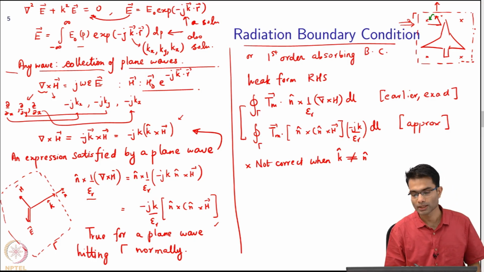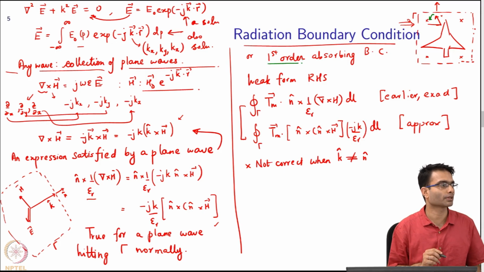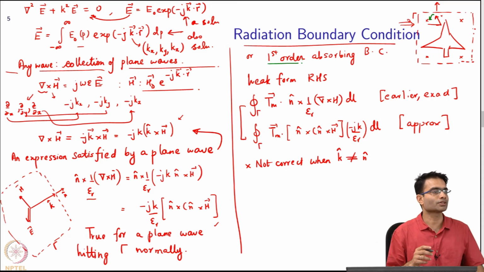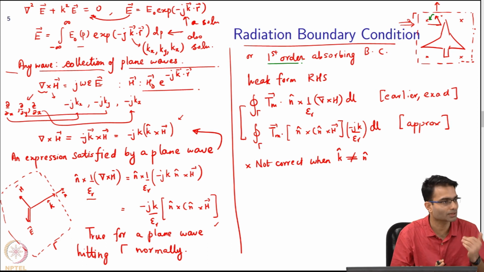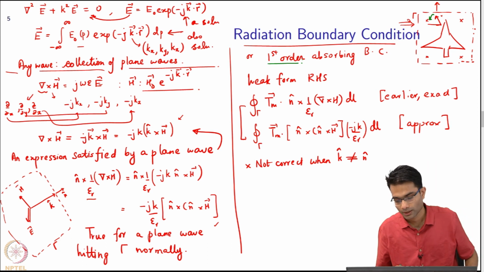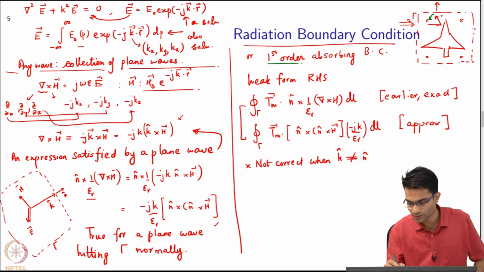So that's why I have called it a first order absorbing boundary condition. It's called absorbing boundary condition because it appears as though it is absorbing everything that is going out. Nothing is reflecting back, that's why it's called absorbing boundary condition. So it is not correct when this n hat is not equal to k.